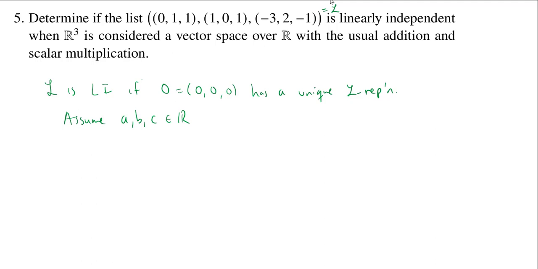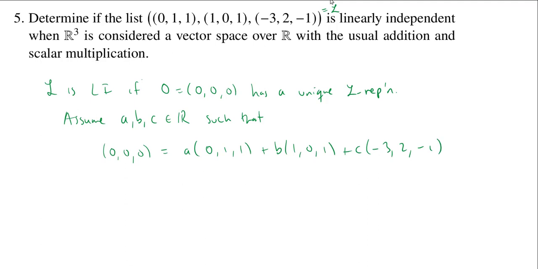Well, because we're looking at a vector space over the reals, such that the 0 vector, 0, 0, 0, is A times 0, 1, 1, that's the first vector, plus B times 1, 0, 1, that's the second vector, plus C times negative 3, 2, negative 1. And we want that A, B, and C are all equal to 0, because that would show we have a unique representation.